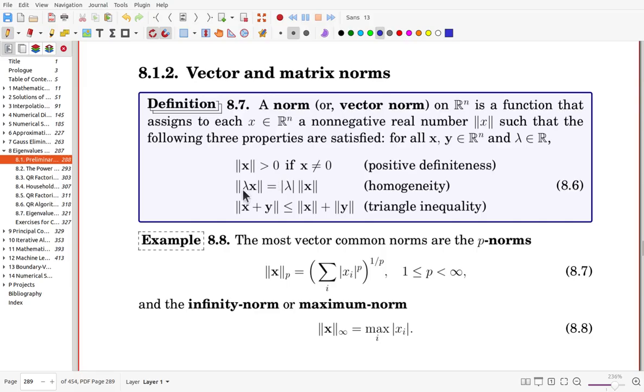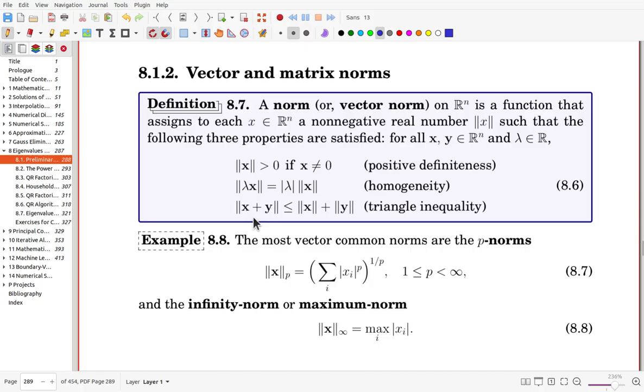Next, take a scalar, a real number, and scale the vector by it, and then measure the norm. Then it's the same as the norm of the original one times the absolute value of the scalar. That is called homogeneity.